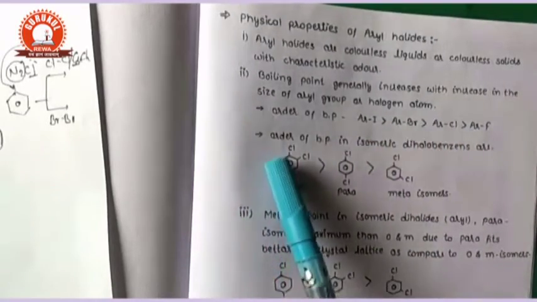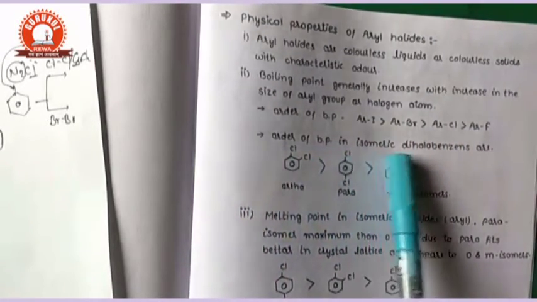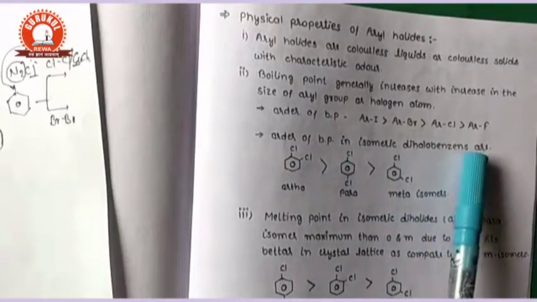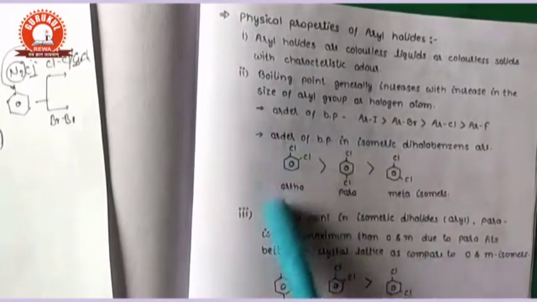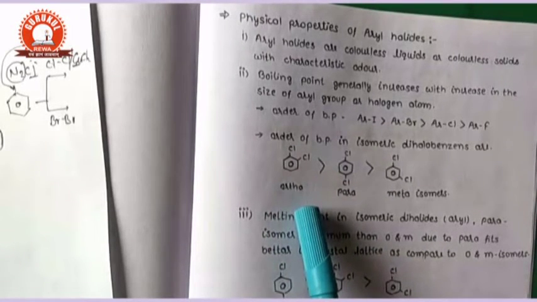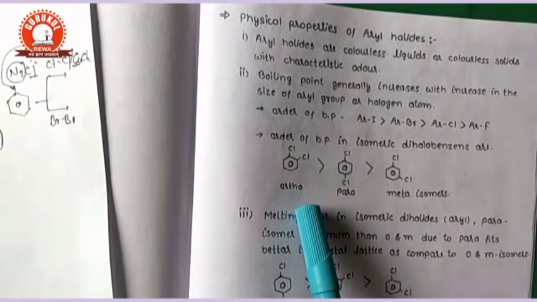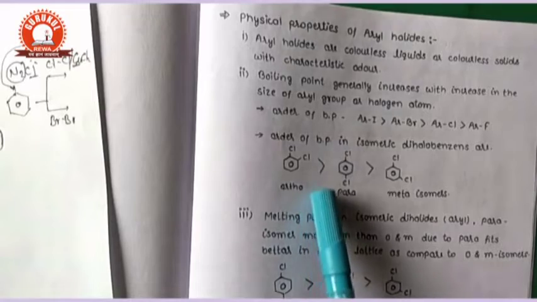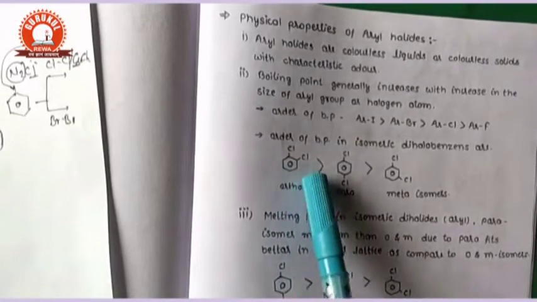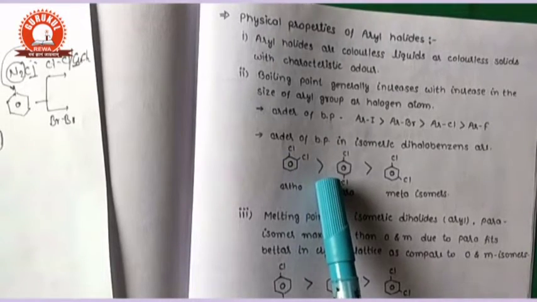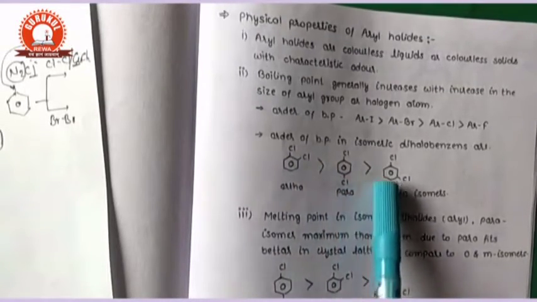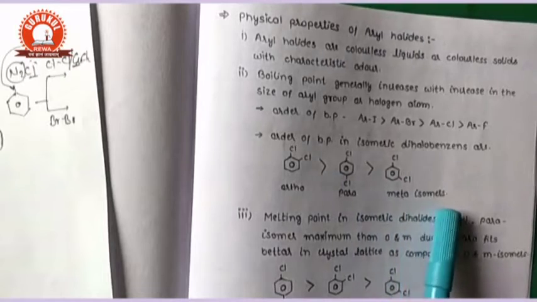The next part, the order of boiling point in isomeric dihalobenzenes. It is a very important order which is also present in the NCERT, so it is quite important for your very short type of questions. In this case, ortho-dichlorobenzene has the greater boiling point, after that para, and the least is meta isomer.